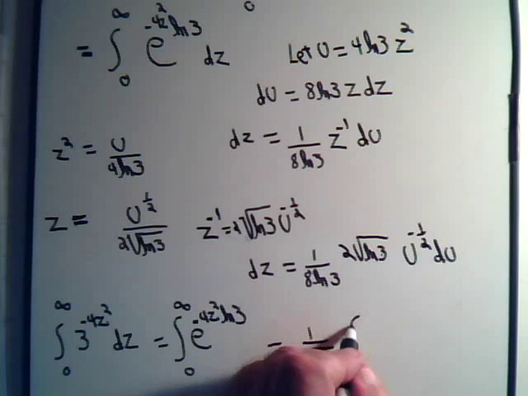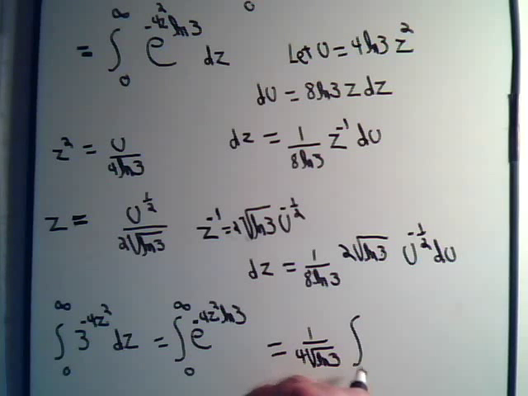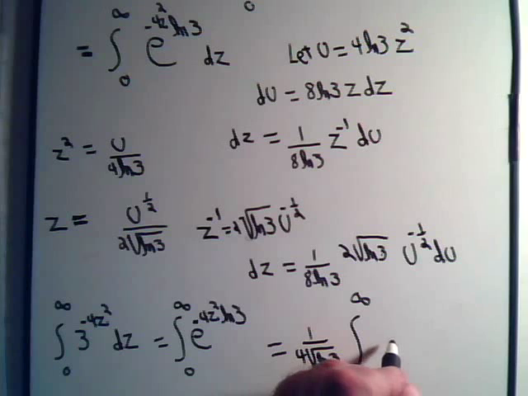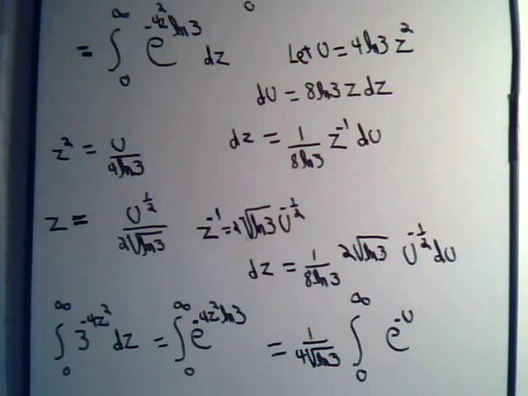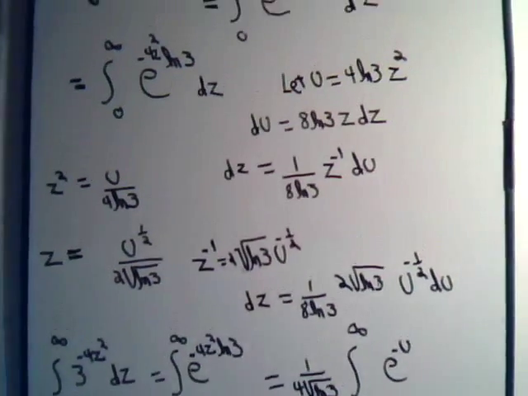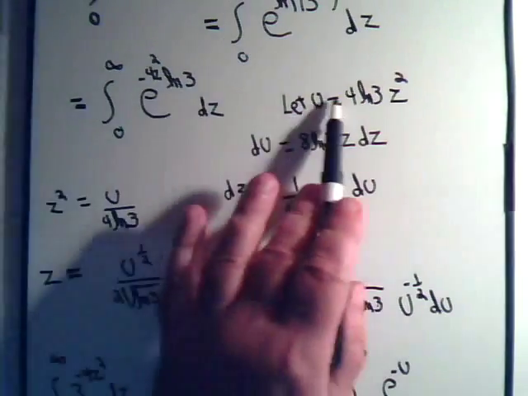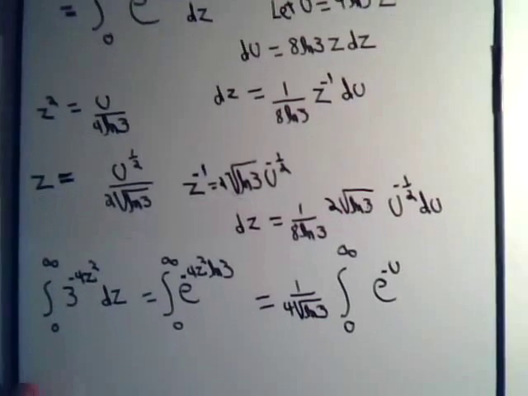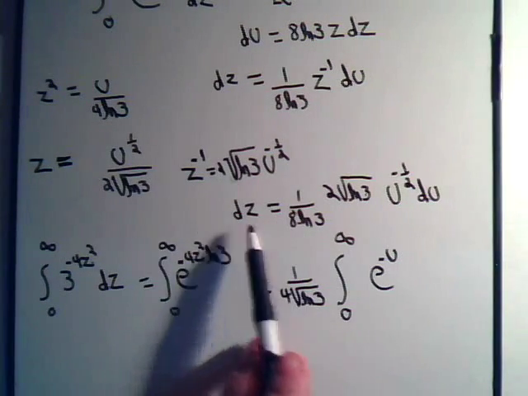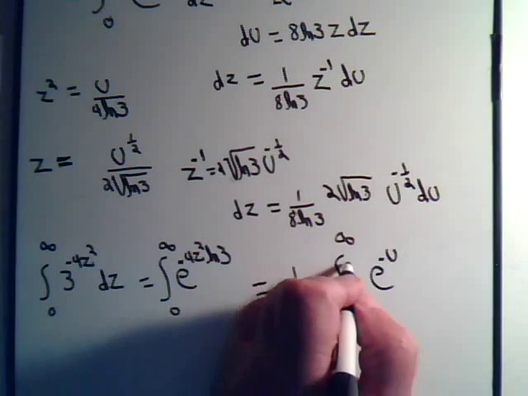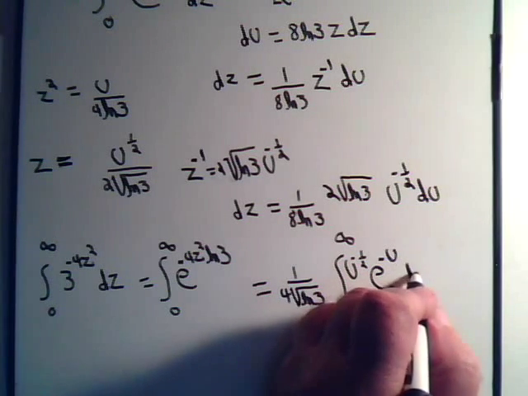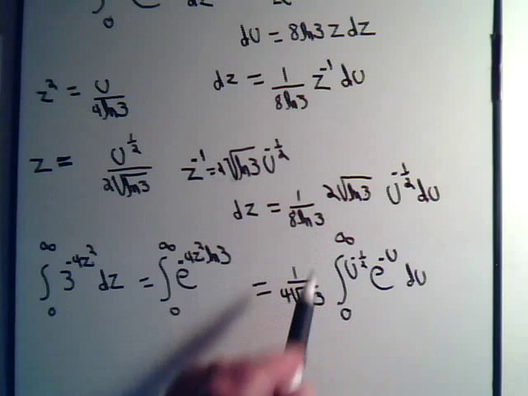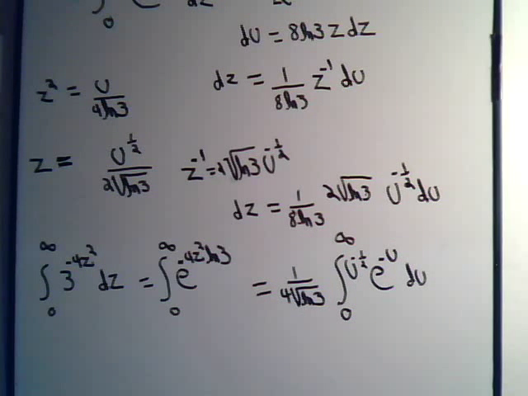And then we'll have the integral, u goes from 0 to infinity, of e to the -u, which was just from our substitution, and dz is u to the -1/2 du, and this we already took care of out here.